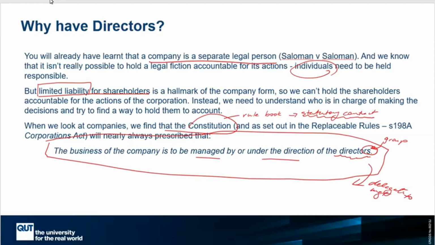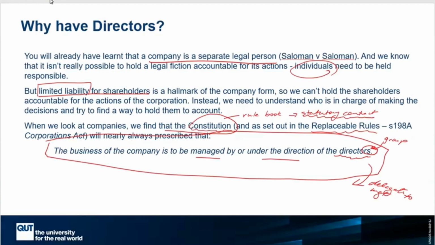Now, look, what's a replaceable rule? If you don't remember, the Corporations Act has a set of replaceable rules within it. They are the rules of how to run a company, what would be a stock standard constitution.